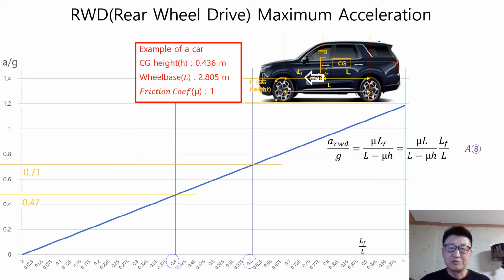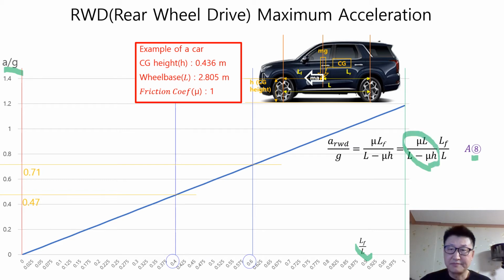Using the Excel sheet, we can draw the graph with the data in the red box for rear-wheel drive. The horizontal axis is the ratio of L_f to wheelbase L, and the vertical axis is the maximum acceleration in g units. Then equation A8 can be drawn as a straight line with the slope of this much.